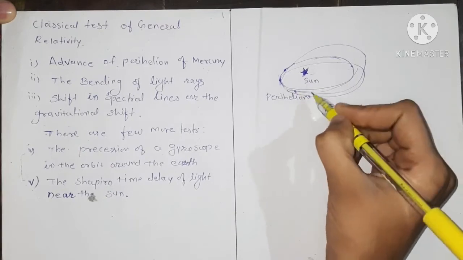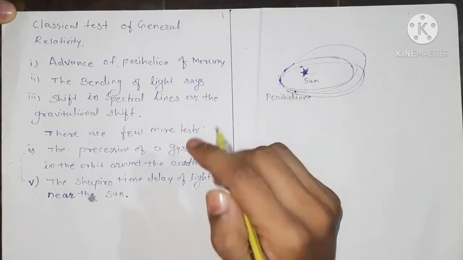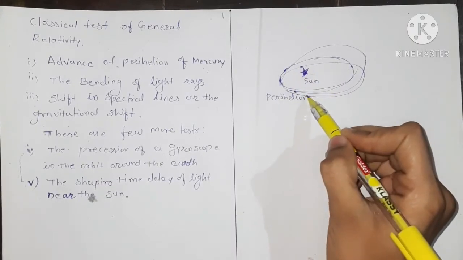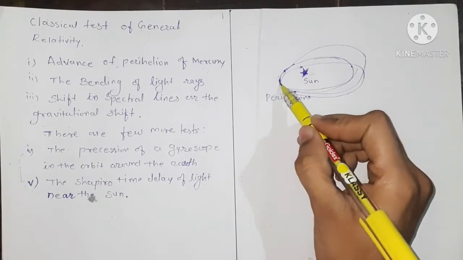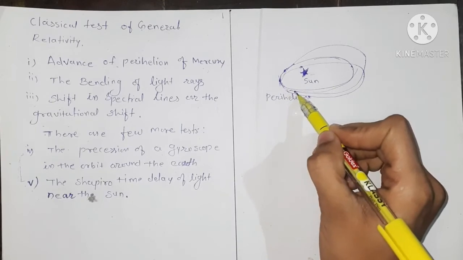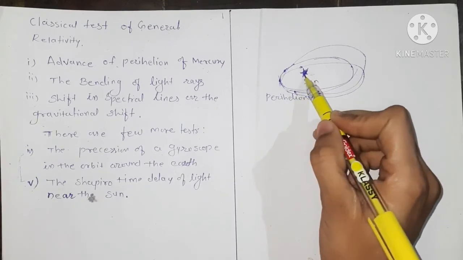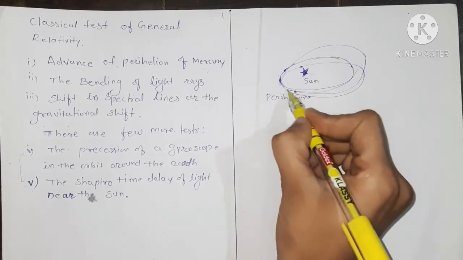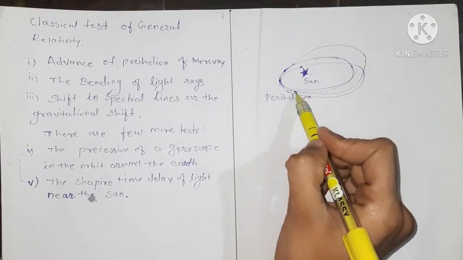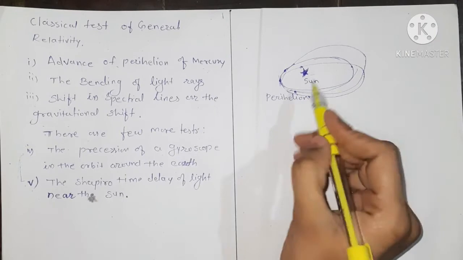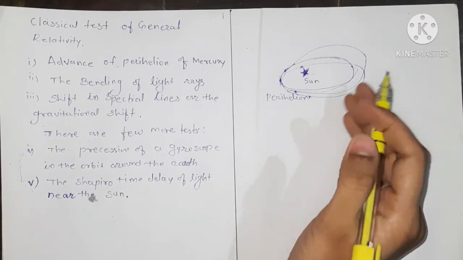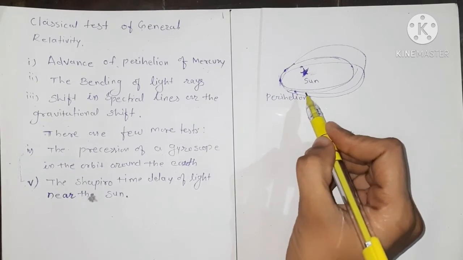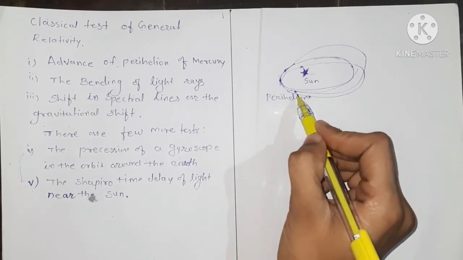Or maybe it is here. So the perihelion, the point which is near to the Sun, the elliptical orbit changes its position slightly. Okay, it is very small. We call this a precession.